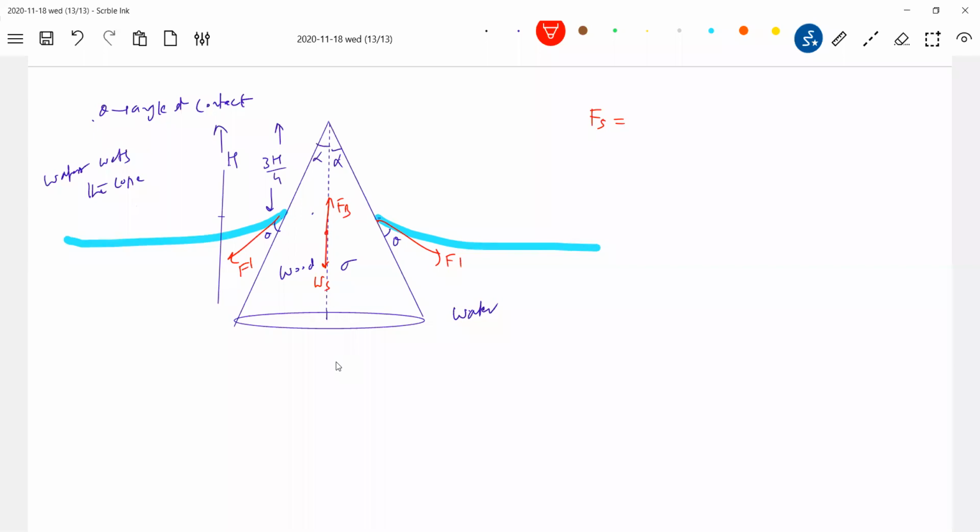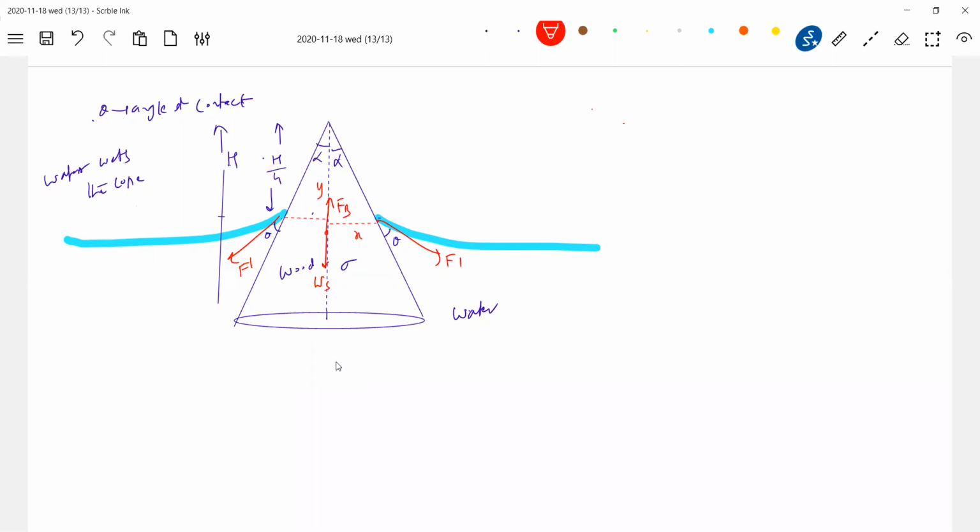Anybody, how to calculate? For that we need to know the distance at this particular point. We should know this x, no? X and this is y.